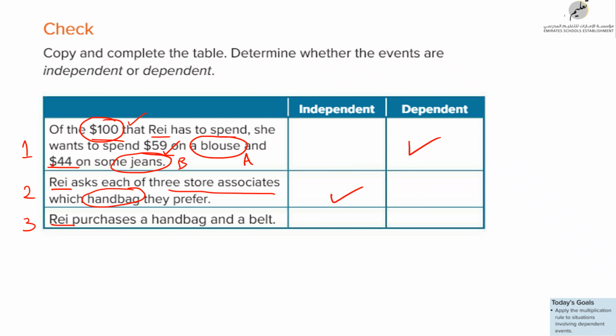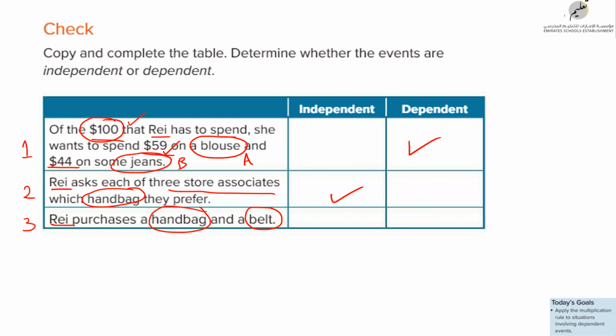Last, Ree purchases a handbag and a belt. Now, she wants to take two things: one, a handbag, and two, a belt. She might like a handbag from a particular store, but in that same store, she might not find a suitable belt, so she goes to another store. So her choice for the handbag and belt is completely different.